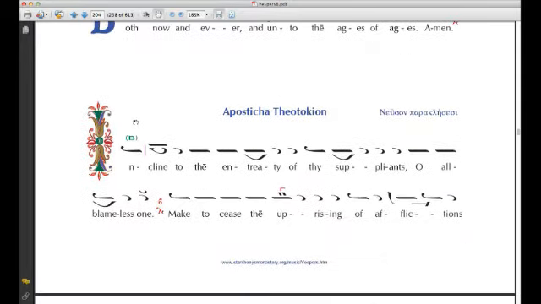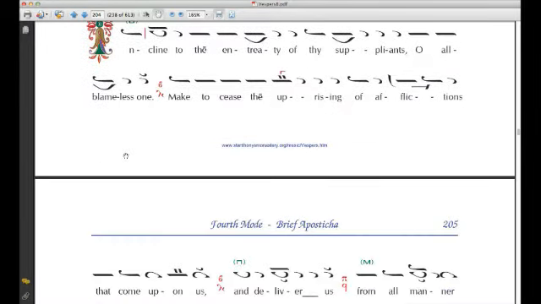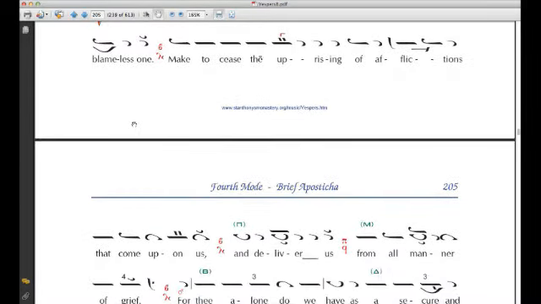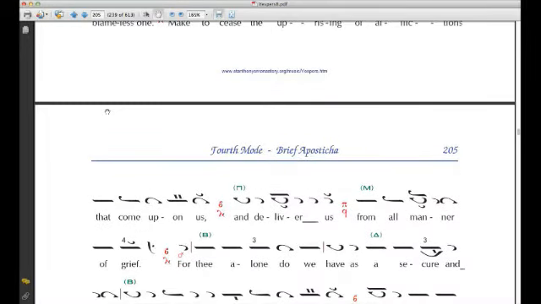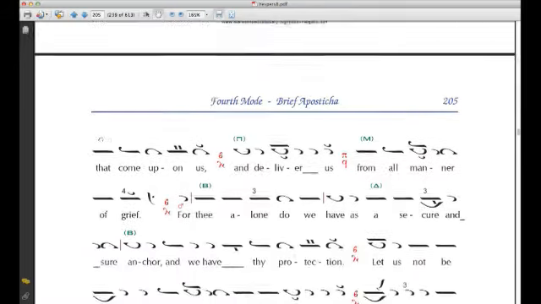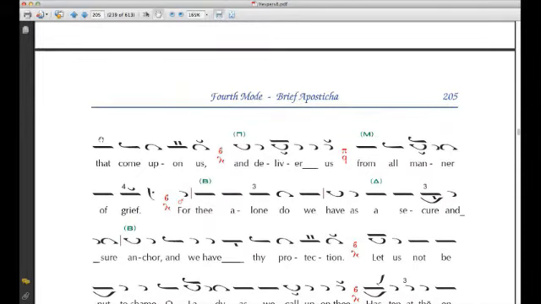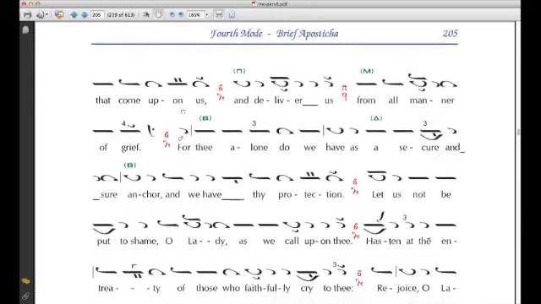uprising of afflictions that come upon us, and deliver us from all manner of grief. For thee alone do we have as a secure and sure anchor, and we have thy protection.